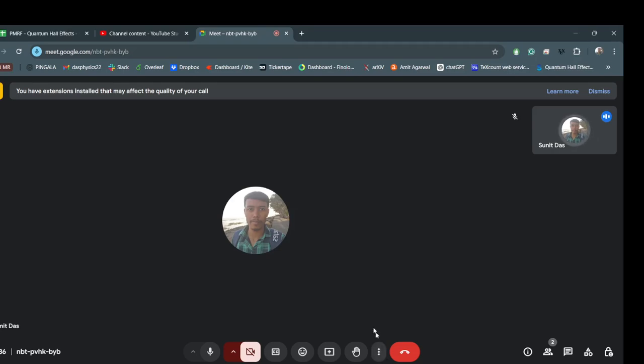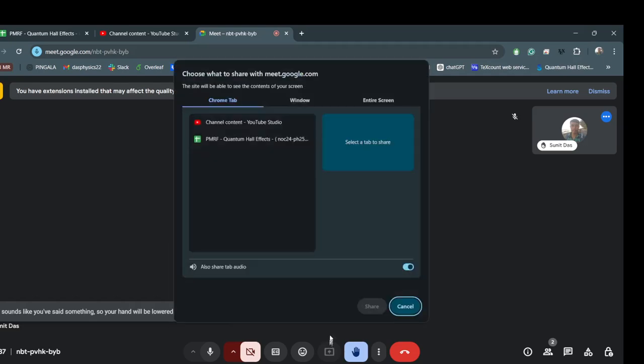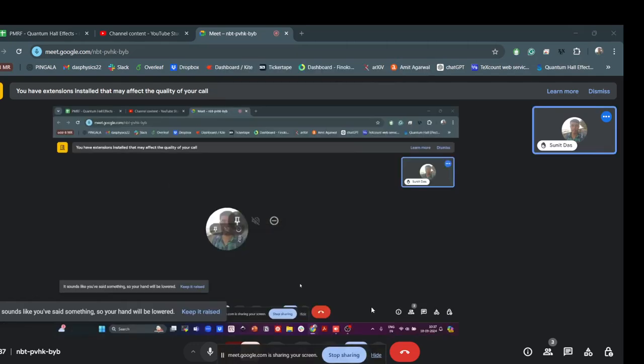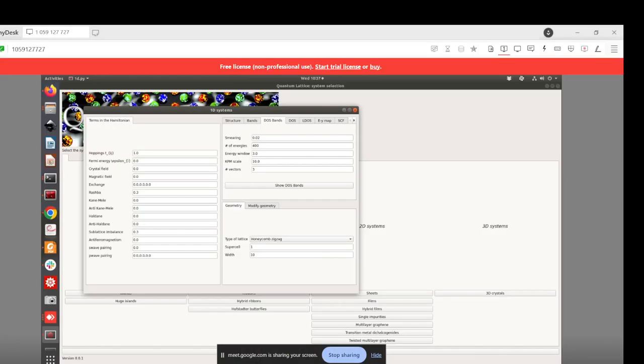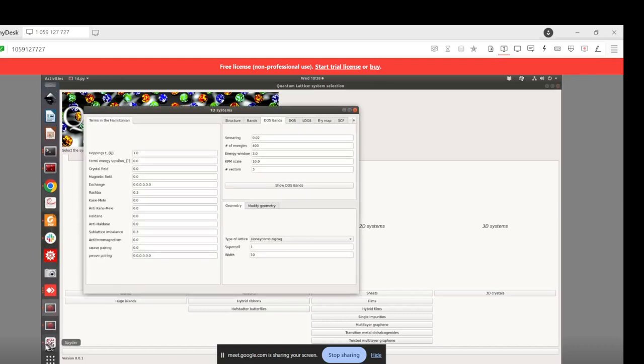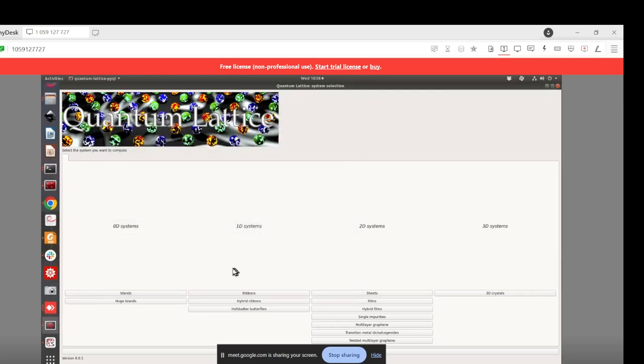Okay, so I'll share my screen. I hope you are able to see the screen. So we'll work with a 1D system, which is nanoribbons, because we are talking about edge states.